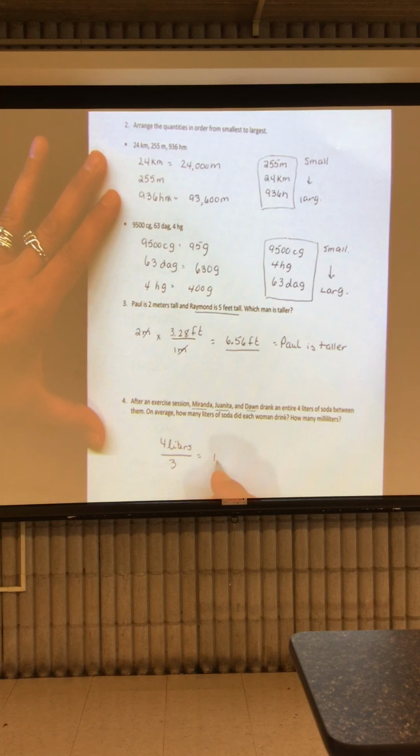Therefore, you have 1.333 liters per person. Converting the 1.33 liters into milliliters, you have 1,333.33 milliliters per person. And this completes section 1 of chapter 1 exercises.